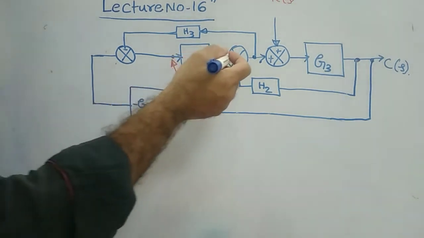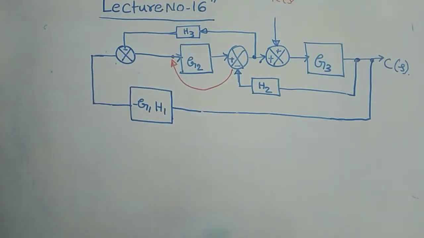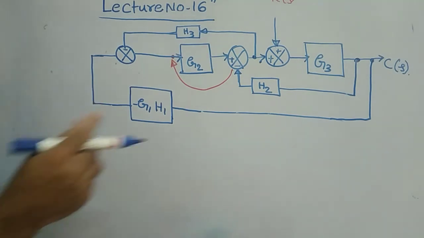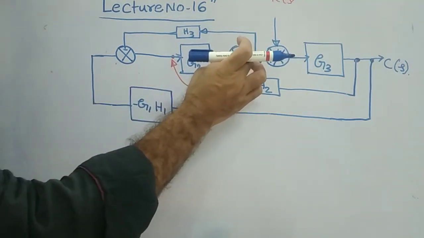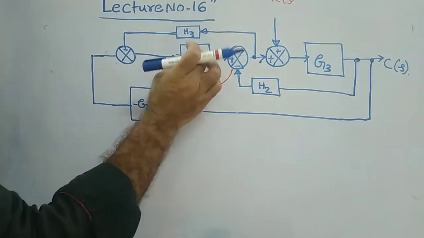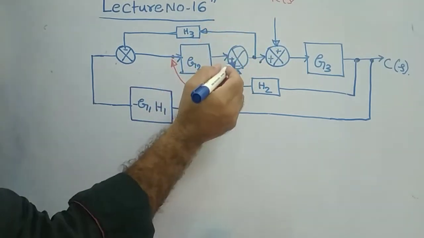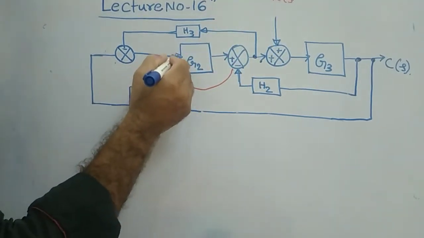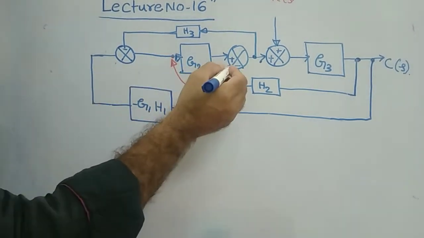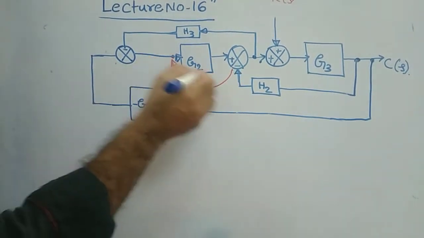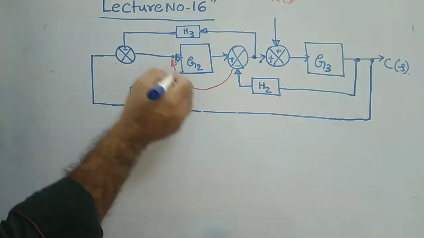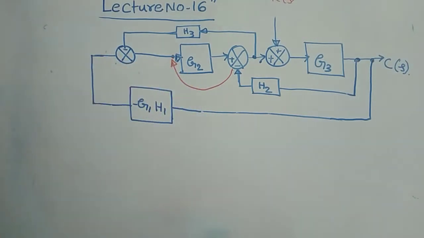As per the block diagram reduction rule, if you shift the summer which is there after the block to before the block, what will come? In this path, one path will be established, and a small amount of gain will be added.